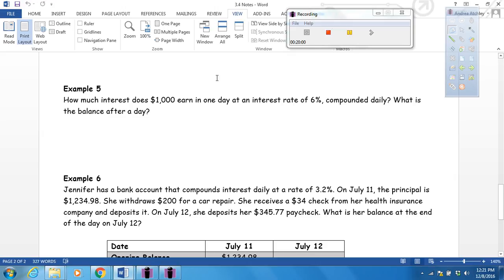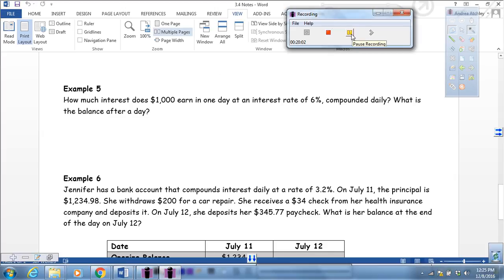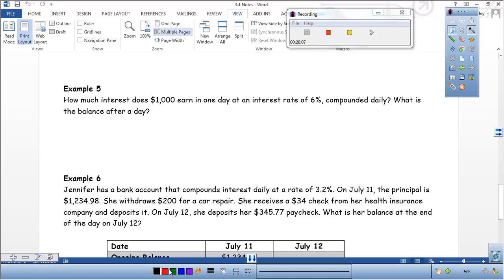Everyone try number 5 on their own. The big thing is the time. It's compounded daily, so 1 day is 1 out of 365. That's what our time equals.